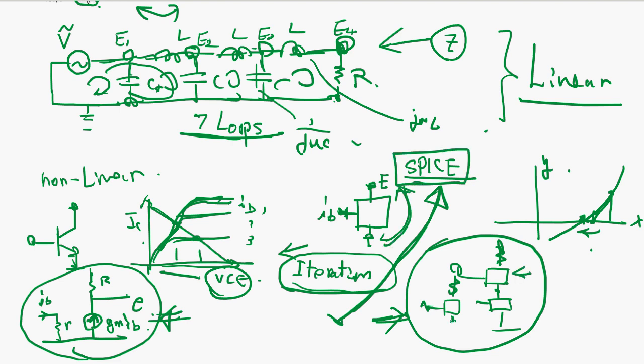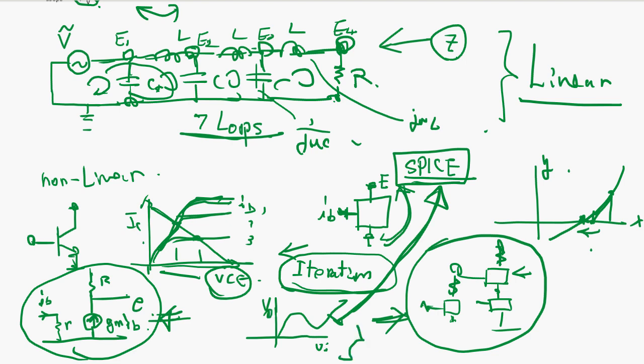Okay, so then you can even calculate a transient characteristic of the circuit, like when you apply voltage, then it goes up and comes down and goes up again. This is output, input, this kind of curve you can calculate using SPICE.